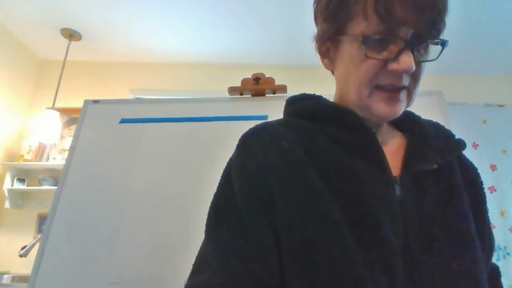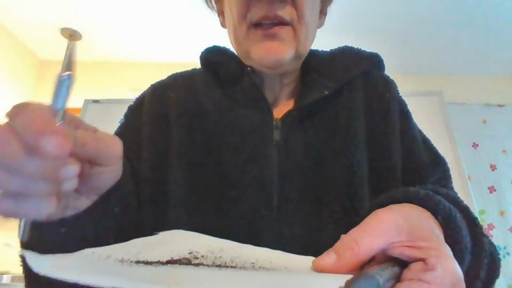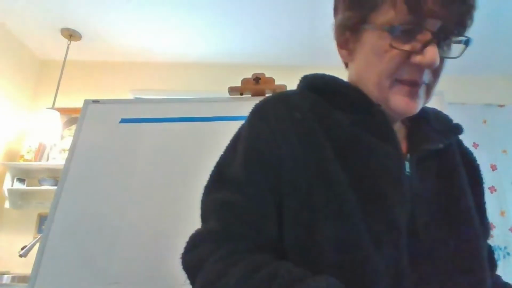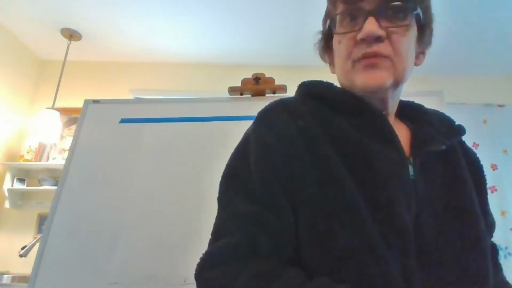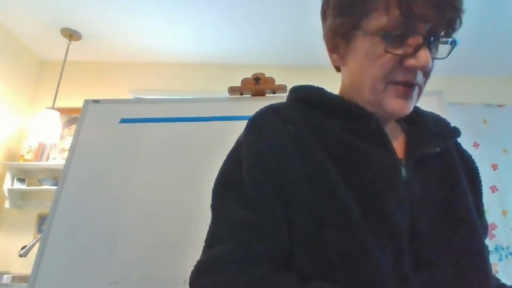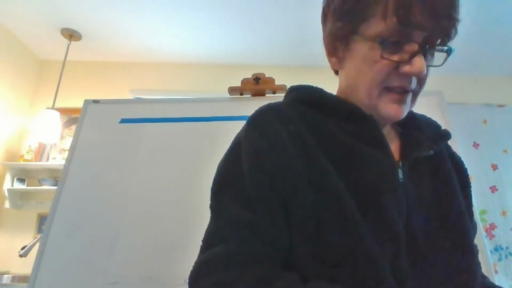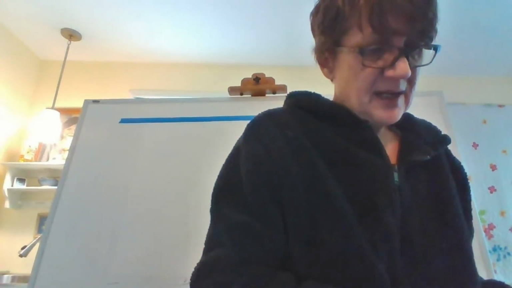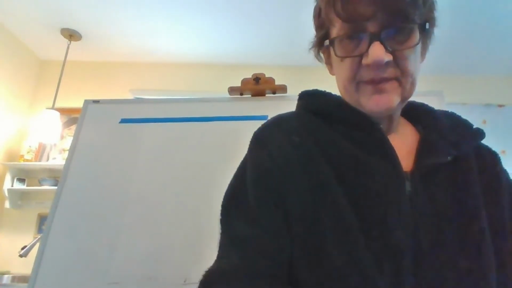And what I'm doing is scraping, using my X-Acto knife and this graphite chunk. I'm scraping some graphite onto this paper, and then I'm going to use my paper towel that somebody absconded with, and I'm going to pick up this medium and put it on my paper.